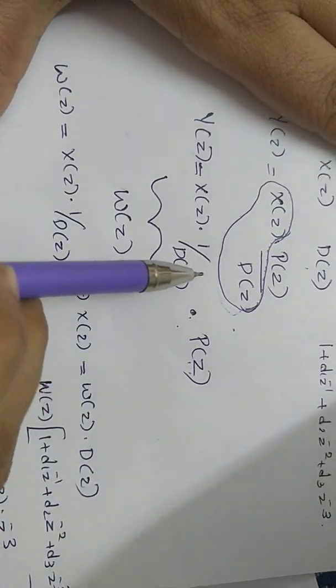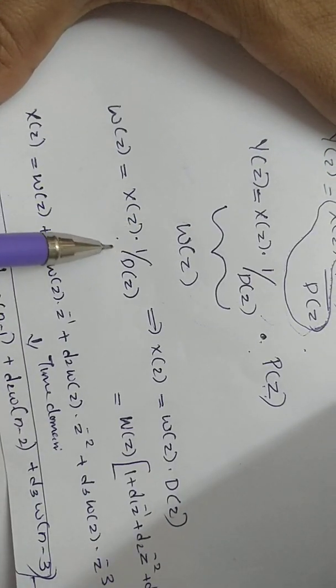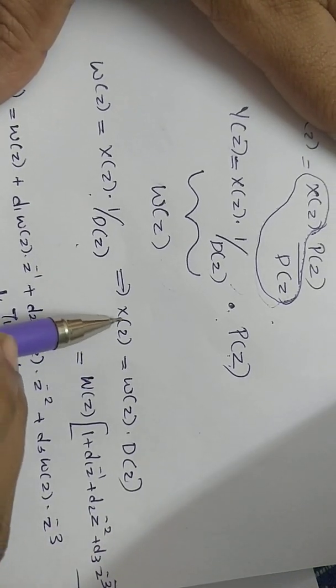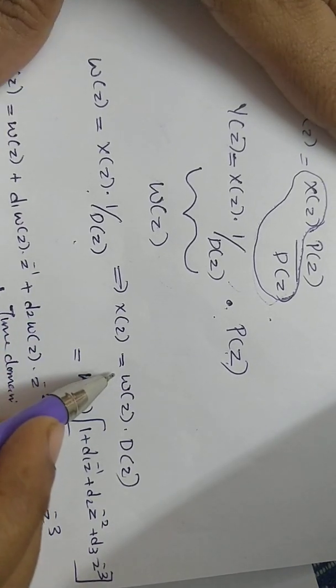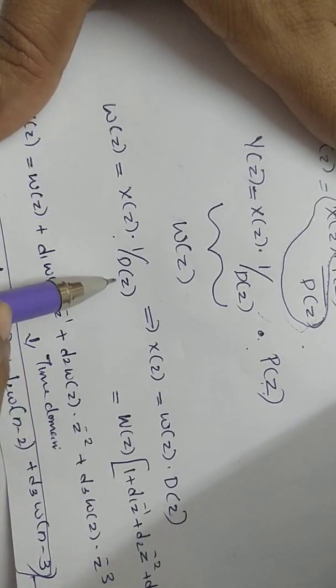So first consider this part only, that is W of z is equal to X of z into 1 by D of z, which means X of z is equal to W of z into D of z.